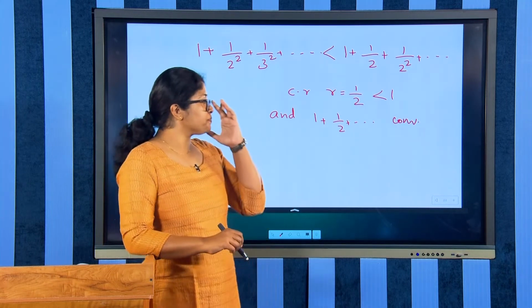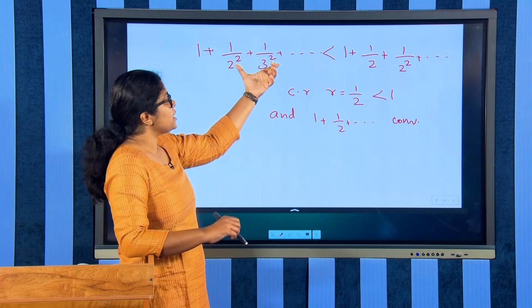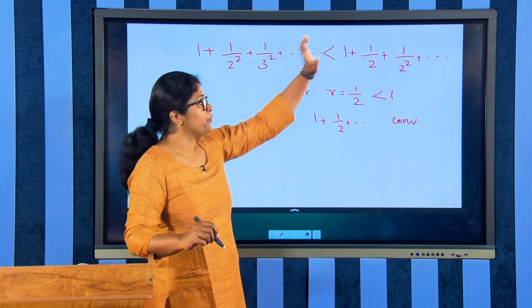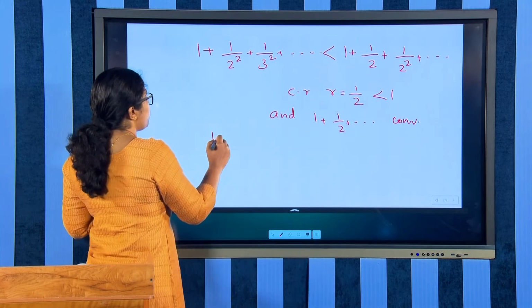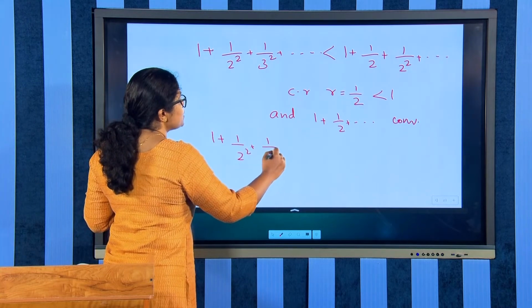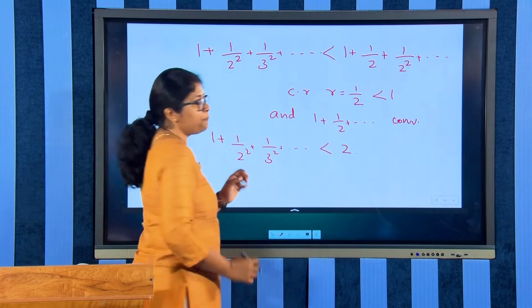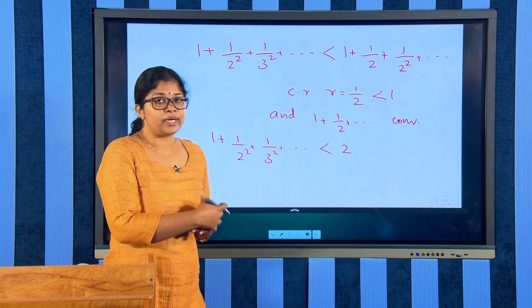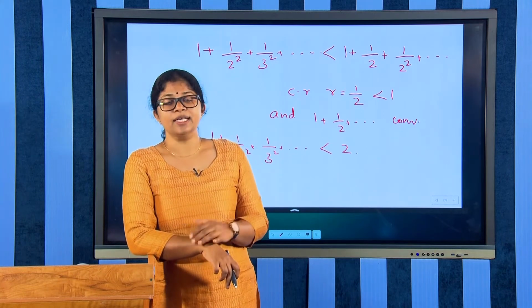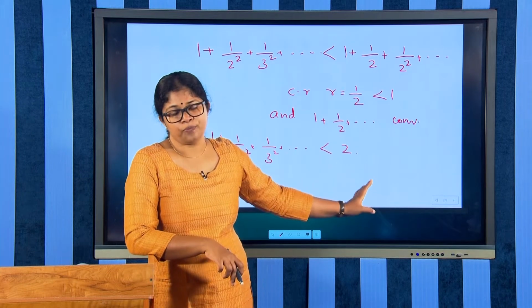So we can see that this series is bounded above by 2. So we are getting the result that 1 plus 1 by 2 square plus 1 by 3 square plus etc. is bounded above by 2. Or in other words, the sequence of partial sums which we had discussed is bounded above by the number 2.